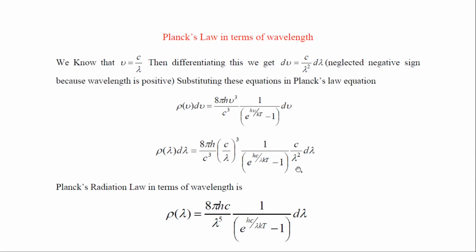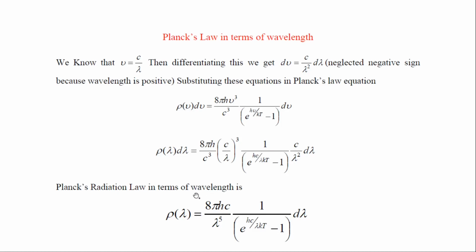If we simplify this, c cube gets cancelled. 8 pi hc will be left in the numerator, and in the denominator lambda cube is there, lambda square is there. If you multiply them, we will get lambda to the power 5 into 1 by e power hc by lambda kT minus 1 into d lambda will be left.